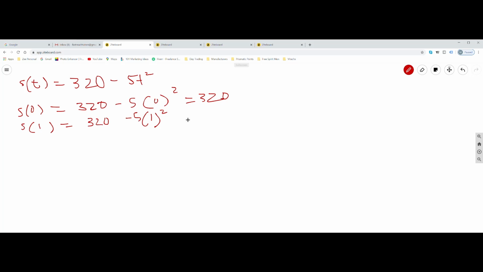So 320 minus 5 is equal to 315. s(2) equals 320 minus 5 times 2 squared, which is 4, which is 320 minus 20, which is equal to 300.